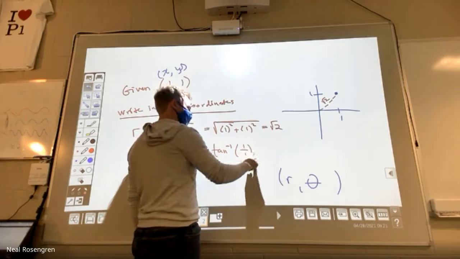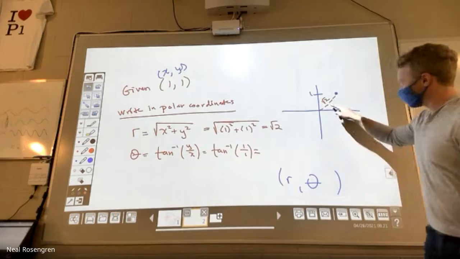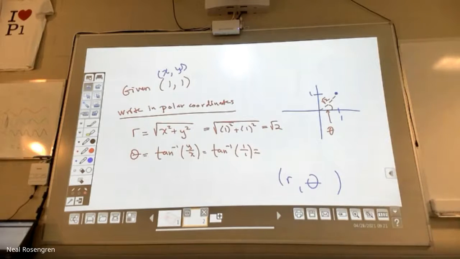It's just going to be the inverse tangent of 1 over 1, which is the inverse tangent of 1. And we're just trying to figure out what that angle is right there to open us up to a point that's at 1, 1. And by deciding what r is, it doesn't matter what circle we're in for theta because we already established how far away from the origin we're going to be.